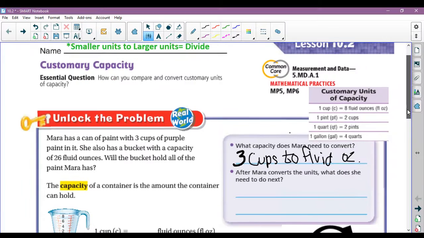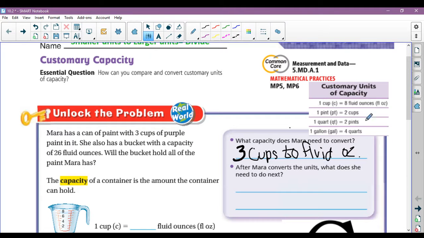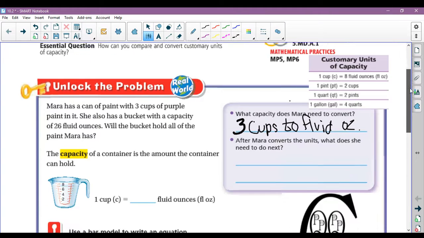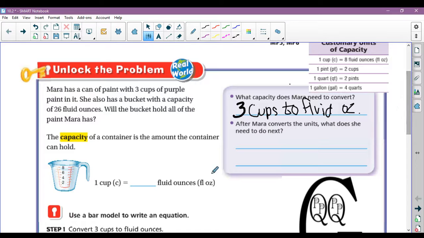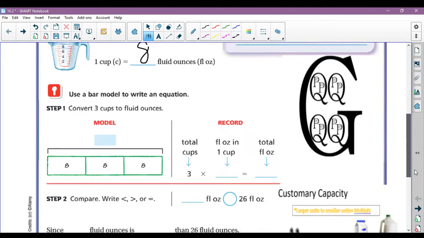That's something you're going to have to memorize, and if you don't use this a whole lot, those of you who cook and bake might be using it for your recipes, for instance if you're doubling a recipe. So 1 cup is actually equal to 8 fluid ounces.